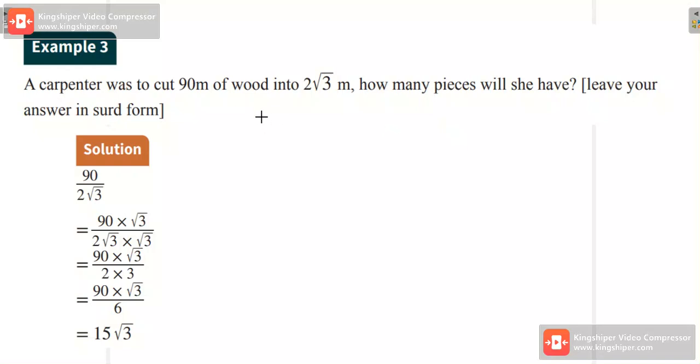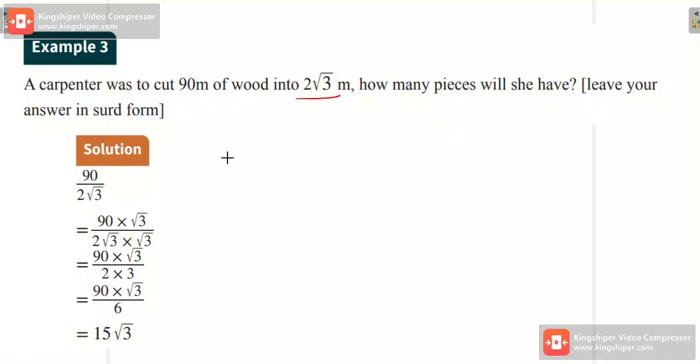If you want to divide it into 3, you divide 90 by 3 and you are going to have 30 meters each.